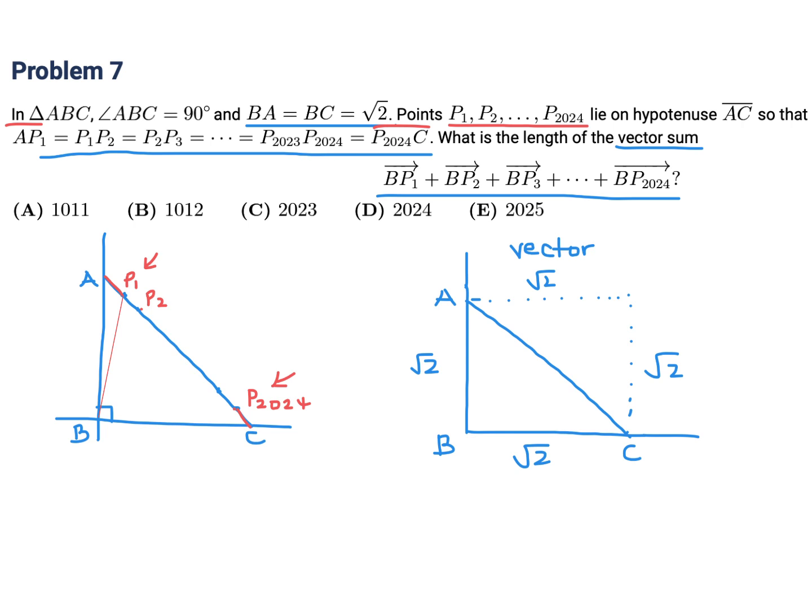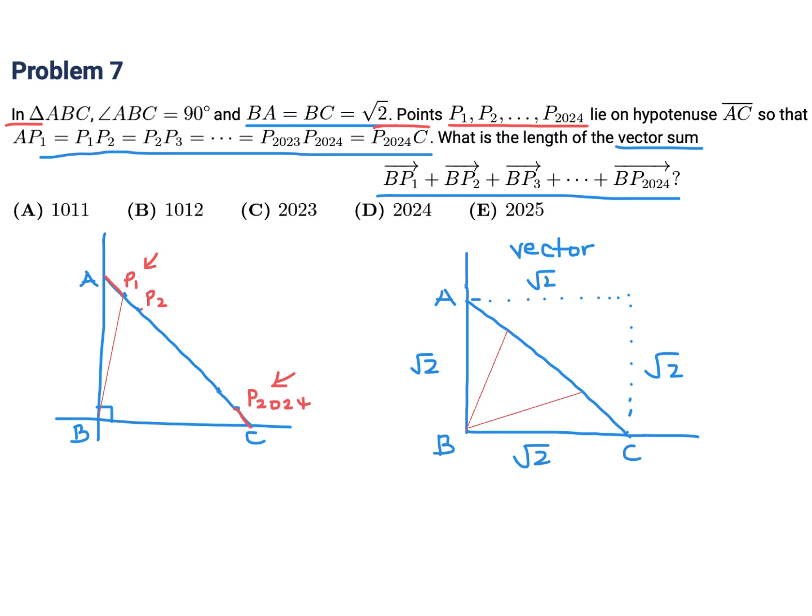And of course, as I keep saying, this is not going to be drawn to scale, but I'm just doing it to illustrate. So let's say you have the first guy, that's B to P1, and then you have the second vector, which would be the one that is equidistant, so I guess it'll come to here, right? Yeah. Okay, so what did I just draw there?